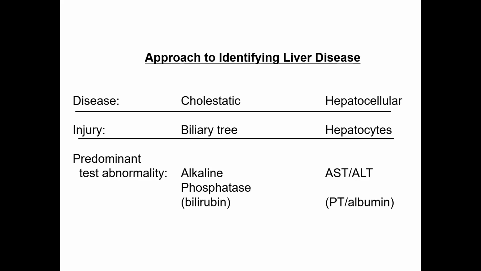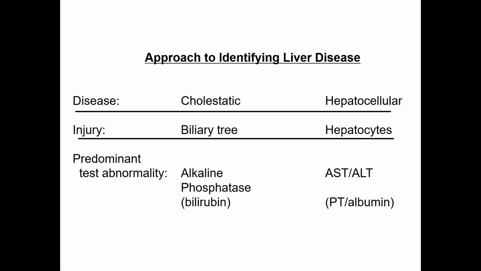So if you have a cholestatic disease, the predominant liver tests that are abnormal will include primarily your alkaline phosphatase, which is usually on the walls of your bile ducts, or bilirubin elevation.